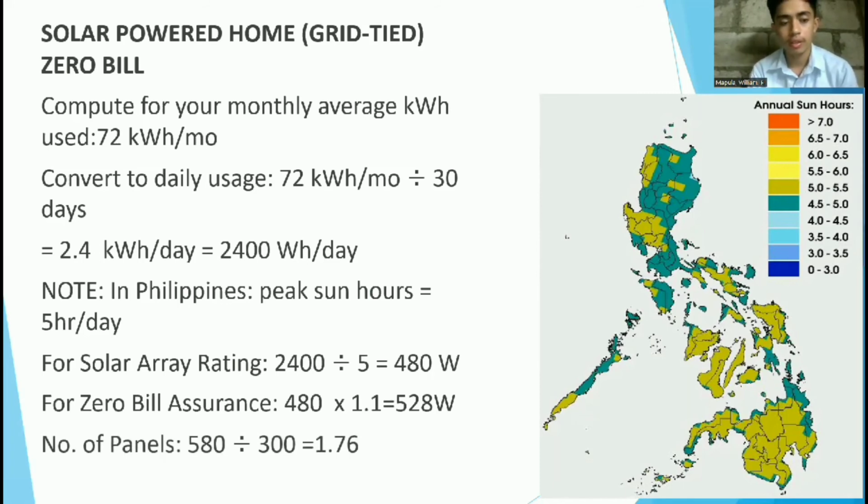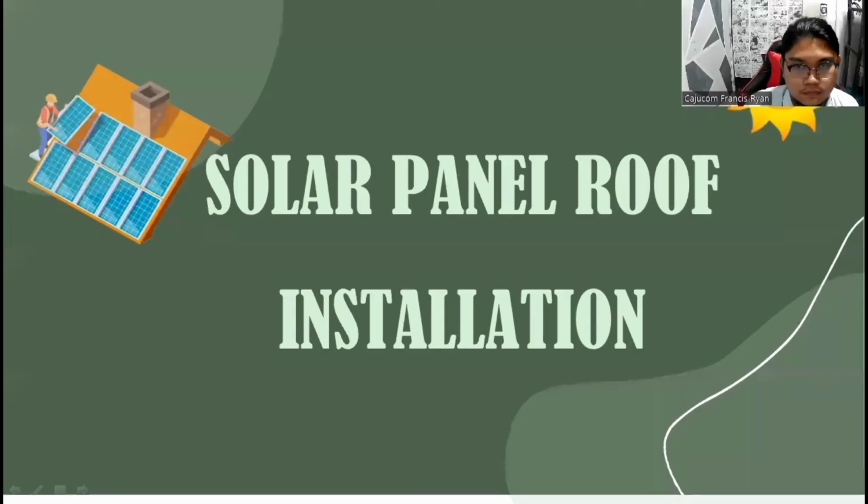Then, the number of panels, divide natin kung yung power na gagamitin natin na solar na 580 divide 300 is equals to 1.76. Kaya maaari naming magamit na solar panels is 2 panels.